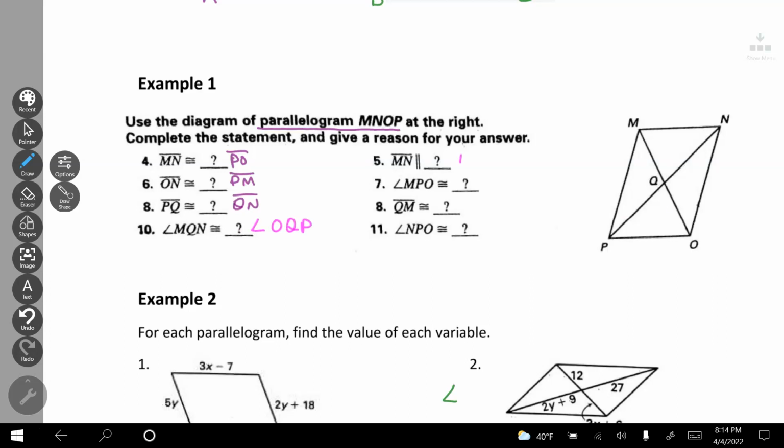MN is parallel to PO, opposite sides are parallel. MPO, this bottom left angle, is congruent to the top right angle, angle MNO. And QM, which is this half of this diagonal, is congruent to the other half, QO, since diagonals bisect each other. And angle NPO, this angle right here near the bottom left, is congruent to angle PNM.